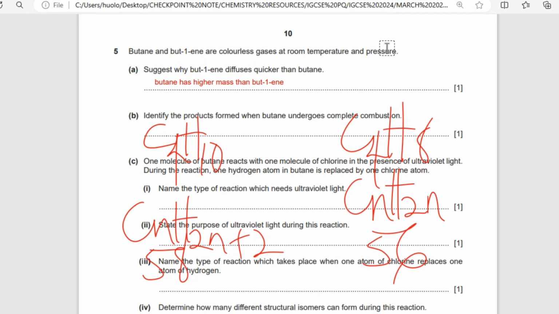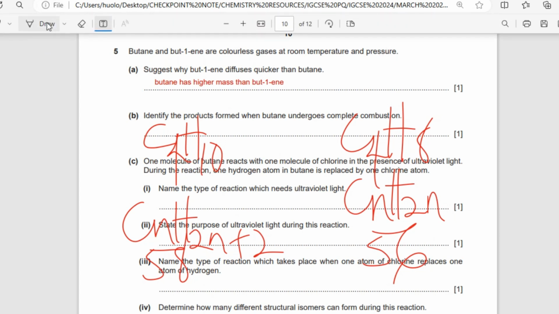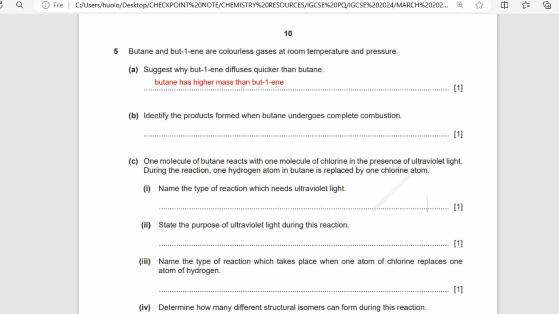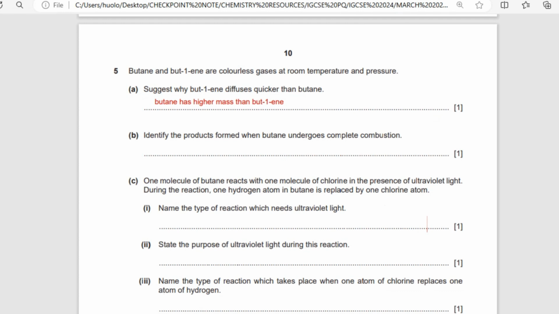So you could say it the other way around: butanone has lower mass than butane. So that's the idea. Alright, that's simple enough. Okay, so we make progress now to the next question.